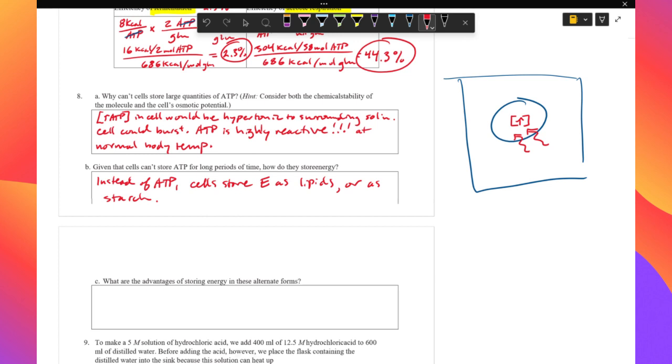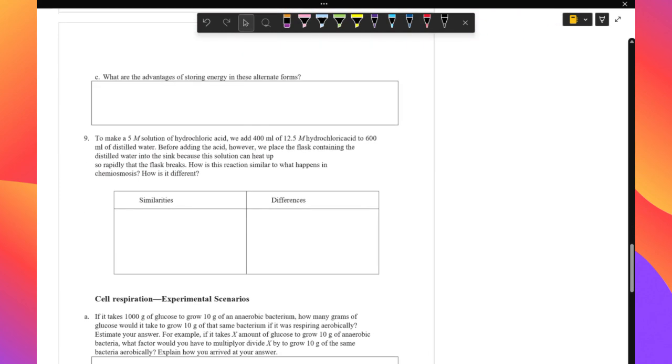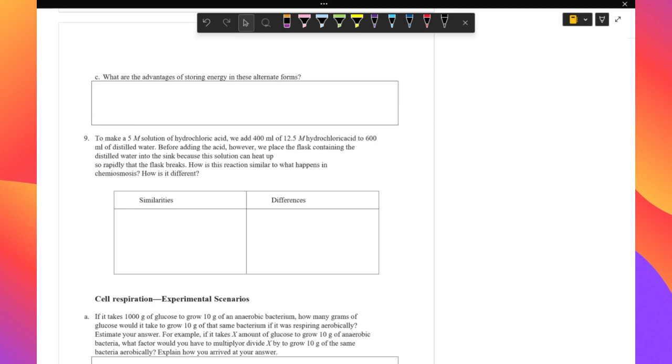All right. What are the advantages of storing energy in these alternative forms? ATP is a very small molecule, and that is why it affects osmotic potential, like we were talking about. It moves across the cell membrane fairly easily. These other molecules are very, very large. Lipids are very large, starches are very large, and as a result, they don't have as great an effect on osmotic potential.